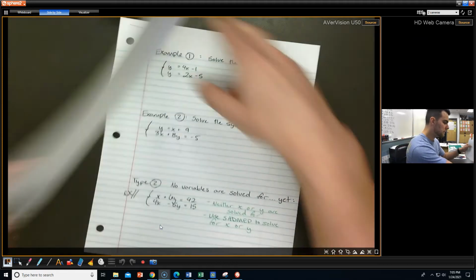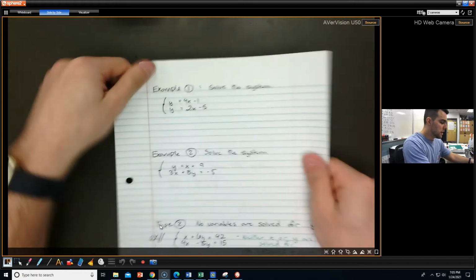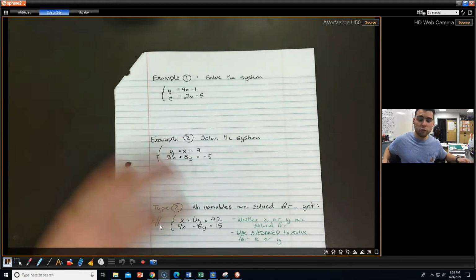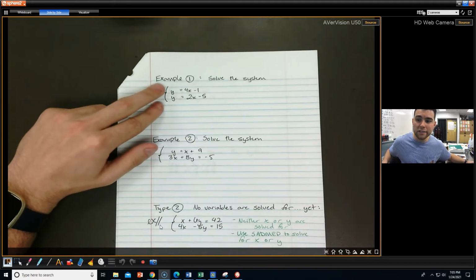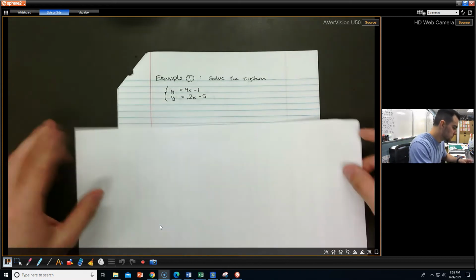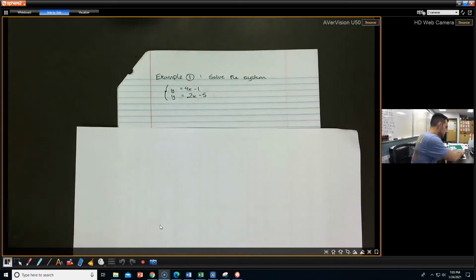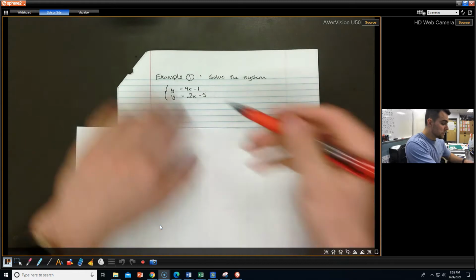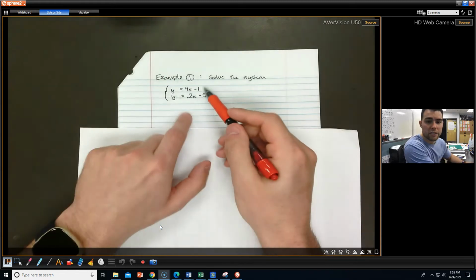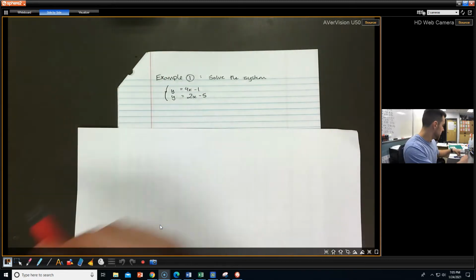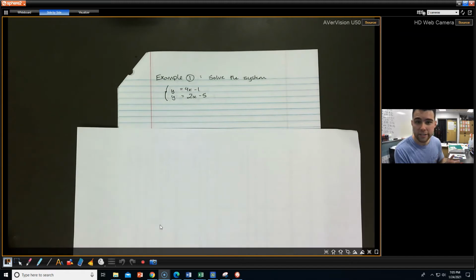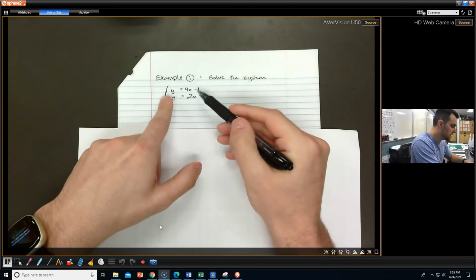Let's try one example, a system of equations where both y's are solved for. Let's check this out, okay? It doesn't matter which one we substitute in first. There's really no easier way to do it. We just know that y is equal to both of these.